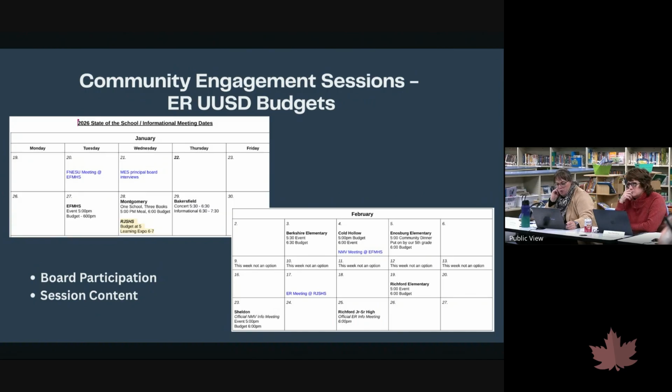Did I miss a school? January 28th. I missed it because it's a double. And it's highlighted in yellow, so why wouldn't I have noticed that, right? So you have 2 that last week of January. Morgan and I are going to split up for that night, so we will start together in Richford, and then one of us will leave to go to Montgomery, and then we'll try to do 2 in one night.